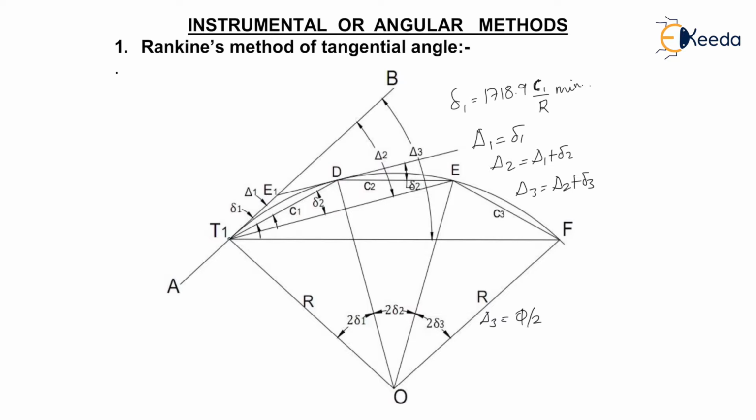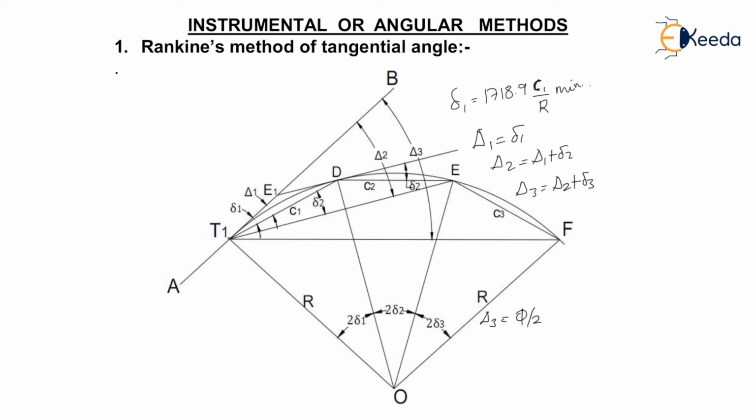Then pin down the zero end of the chain or tape at your T1 and hold the arrow at a distance on the chain equal to the length of the first chord, that is T1D, and swing the chain around T1 until the arrow is bisected by the crosshairs, thus fixing the first point D on your curve.